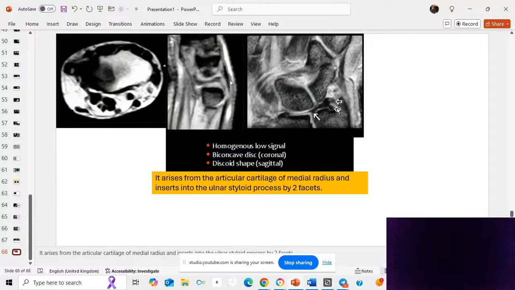So this is not a rupture, because the ligament inserts by two facets into the ulnar styloid process, and this is the normal shape of the ligament.